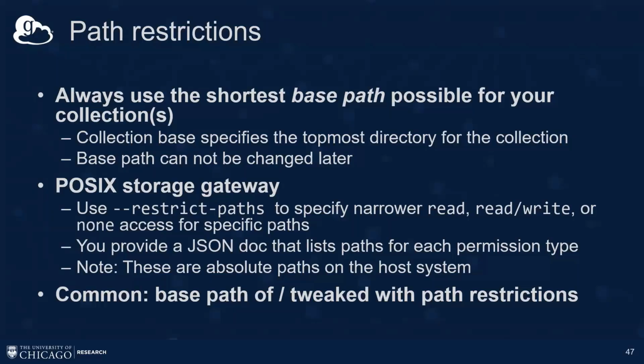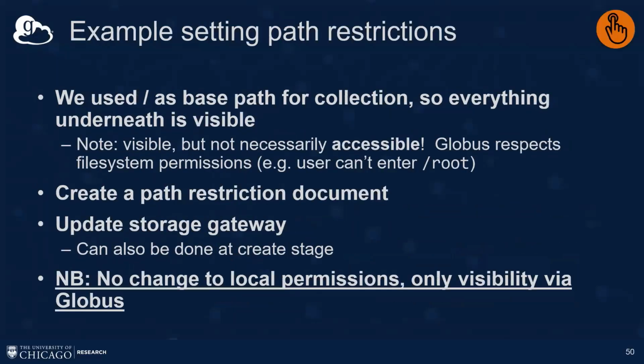So the general recommendation: anchor them as high as possible, and then use restrict paths directives to narrow what can be read or read-write or prohibited access to the path. And it's all done through JSON documents, either inline or as a file that's fed to a command, and that's it. So here is an example of setting path restrictions.